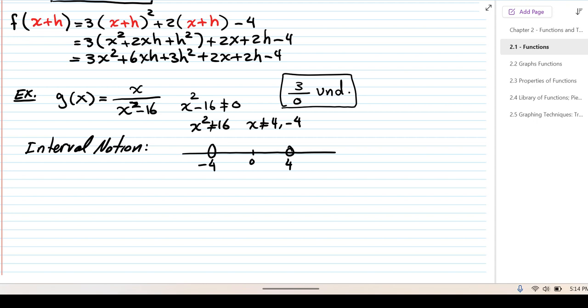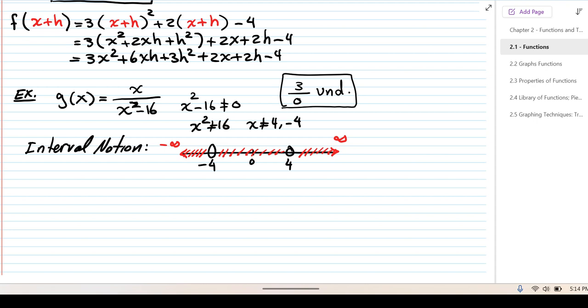So that means x can be anything else. Everything else here, here, and in this segment of the number line is fine. Now we put infinity on the right and negative infinity on the left, because remember the number line extends in both directions indefinitely.